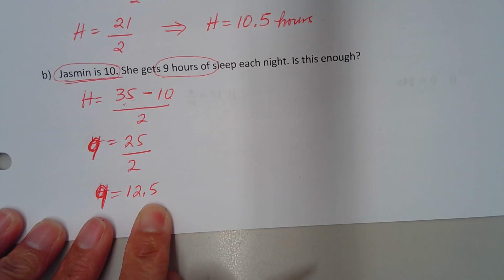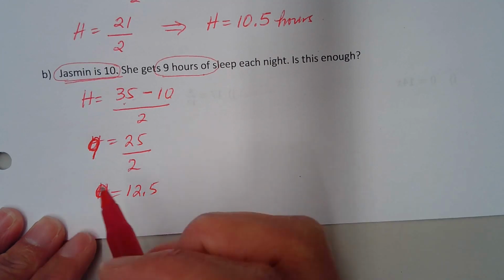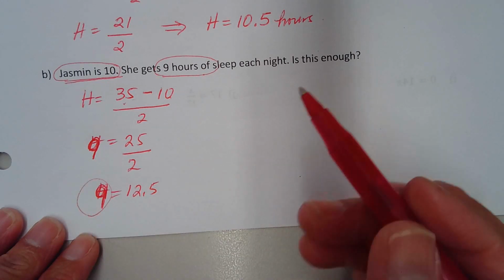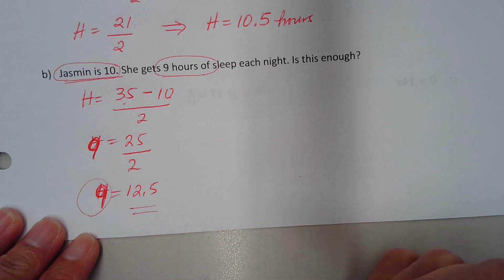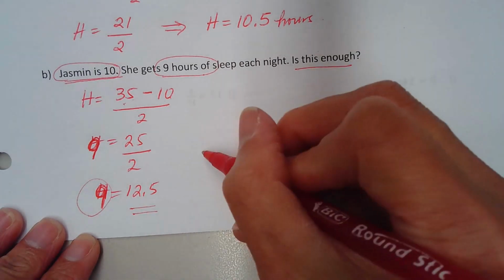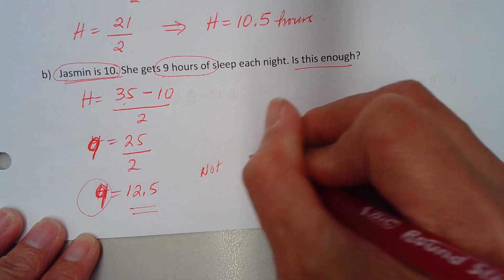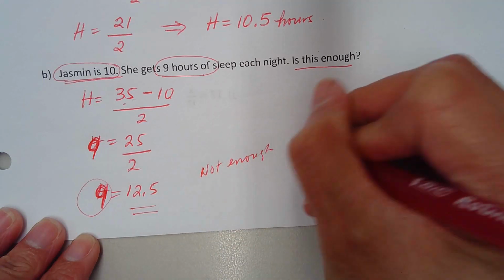Are they equal to each other? No. Right? So Jasmine only sleeps for 9 hours when she should really be getting 12.5. So is this enough? No, not enough sleep.